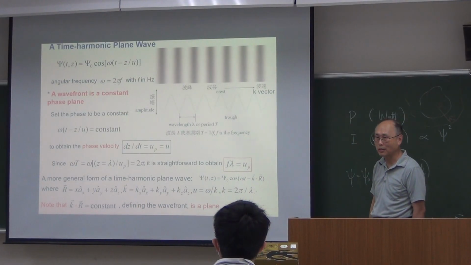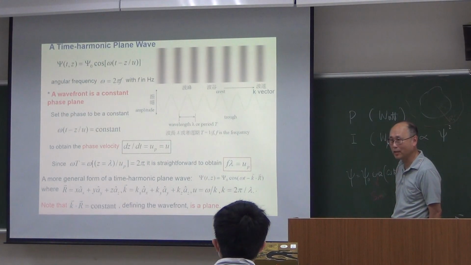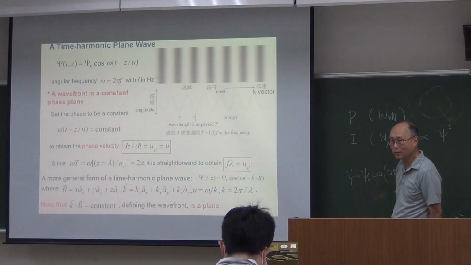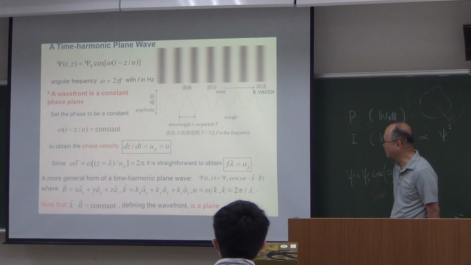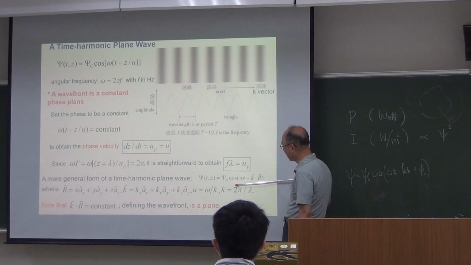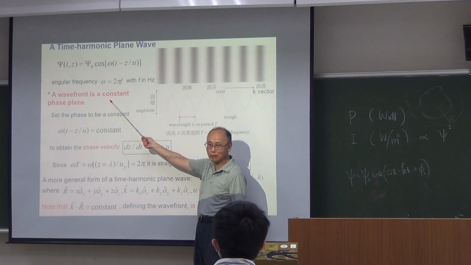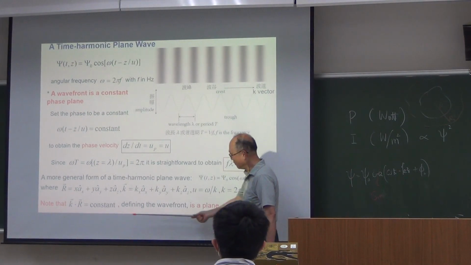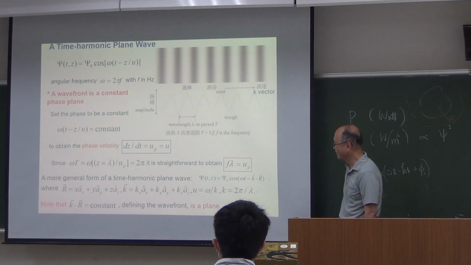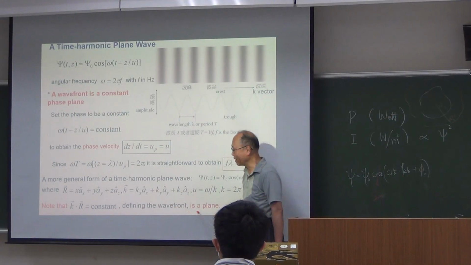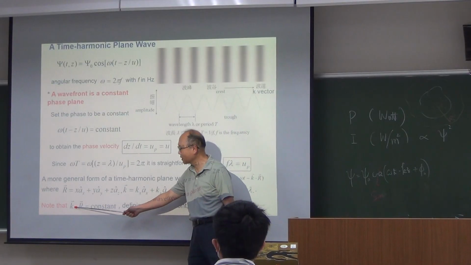So this is also from the basic calculus, right? K dot r equal to a constant defines the plane, and so if you set this argument to be constant, basically you'll be looking into a wavefront. So this defines a wavefront. That is the plane. And the propagation direction, when you use this to define a plane, the normal direction of the plane is along k direction.